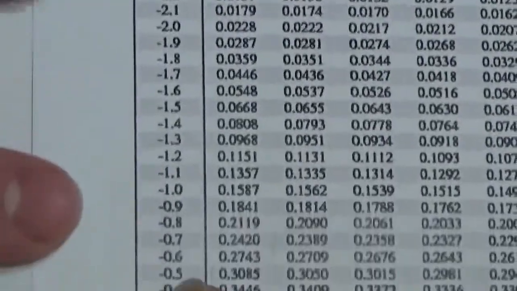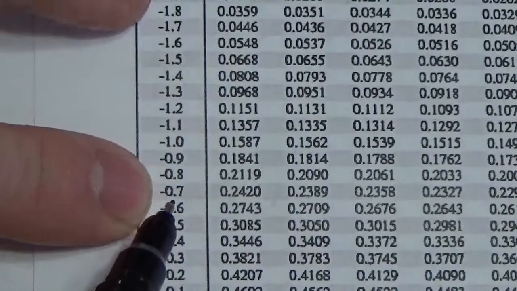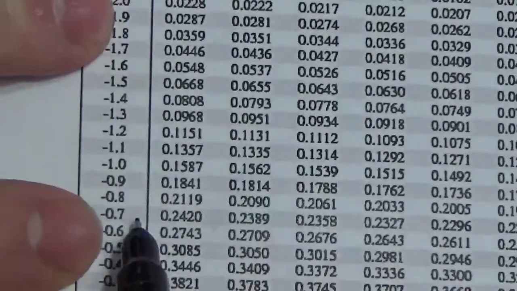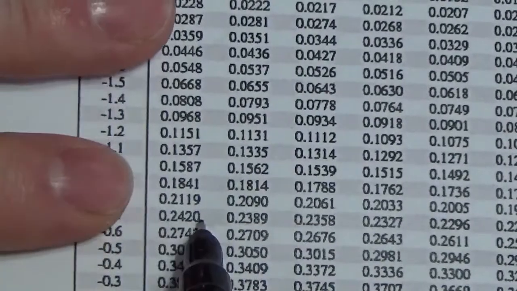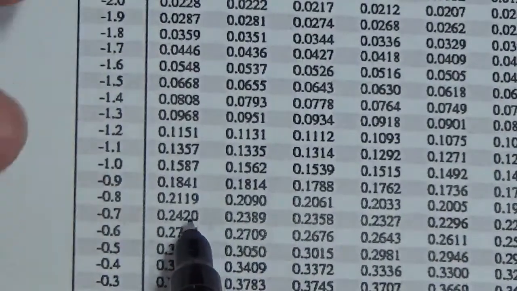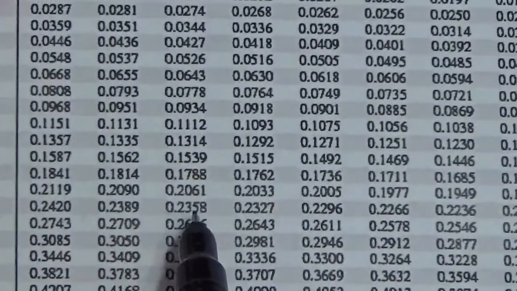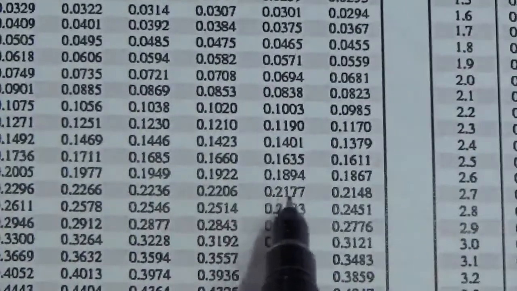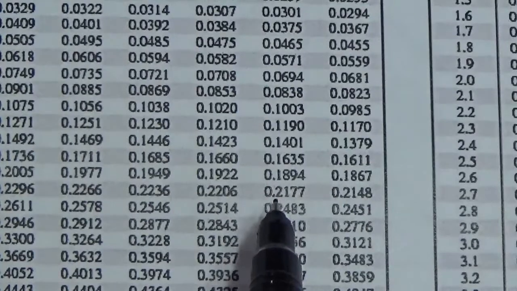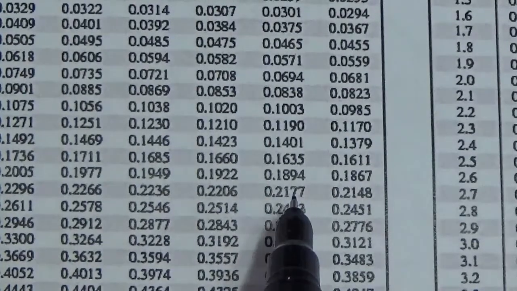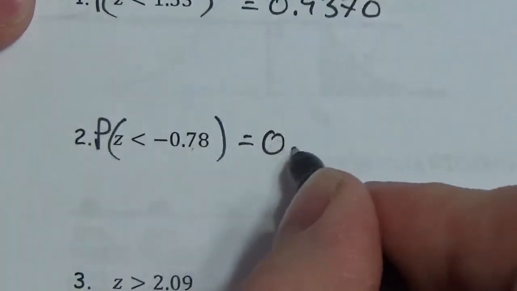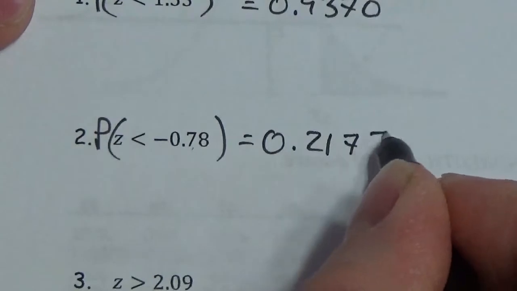Okay, the negative side, so negative 0.7. Okay, negative 0.7. And so here we go, 0.70. 0, 1, 2, 3, 4, 5, 6, 7, 8. And that makes sense to be the second last one. So the answer here is 0.2177. Okay. So this is going to be equal to 0.2177.